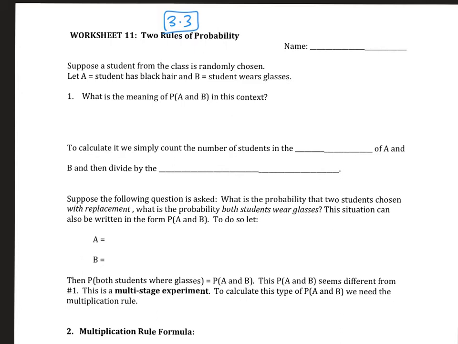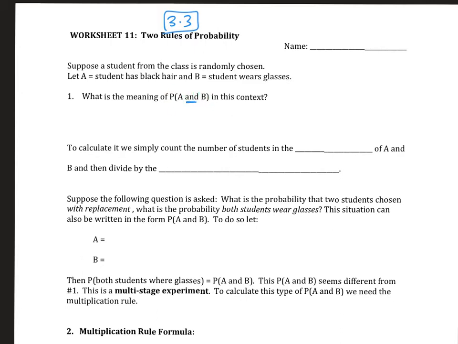So let's start from an example. Suppose a student from the class is randomly chosen. Let A be student has black hair and B be student wears glasses. So some students have black hair, some students don't, some students wear glasses, and some students don't. So look, number one, what is the meaning of probability of A and B in this context?